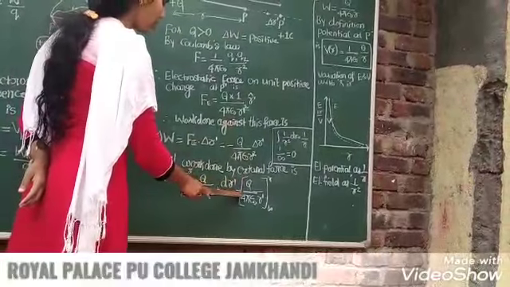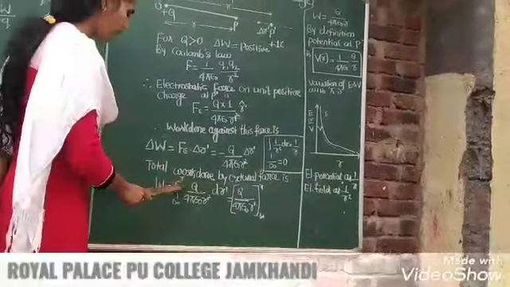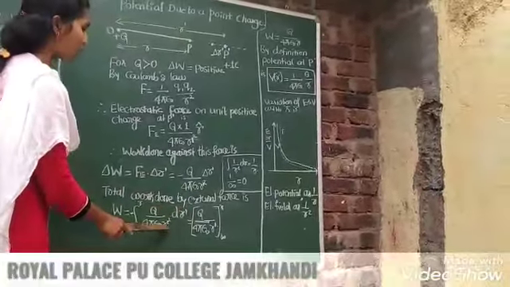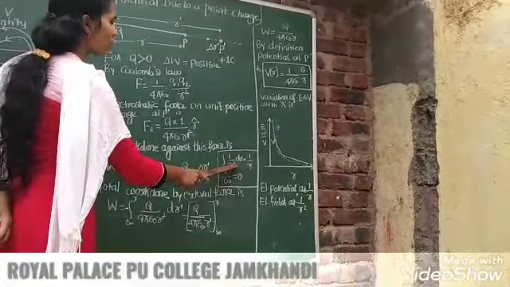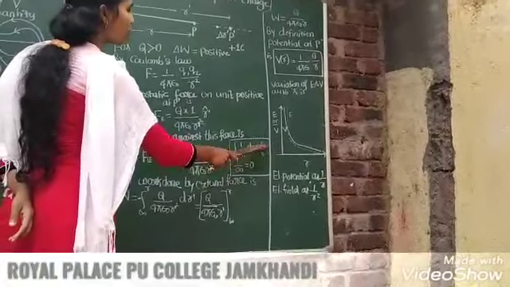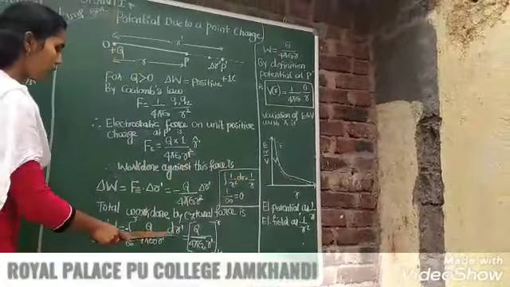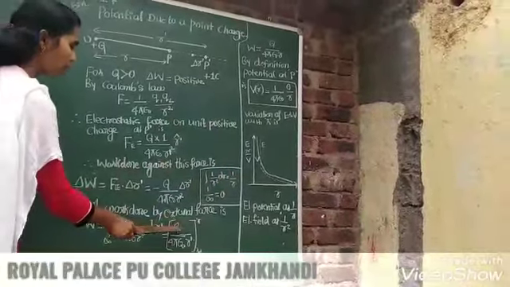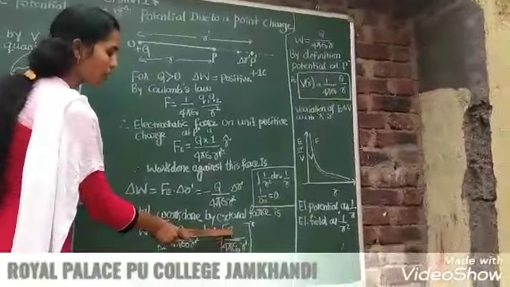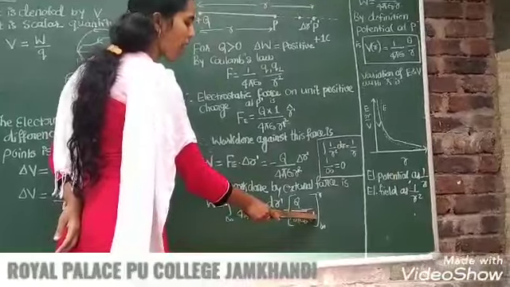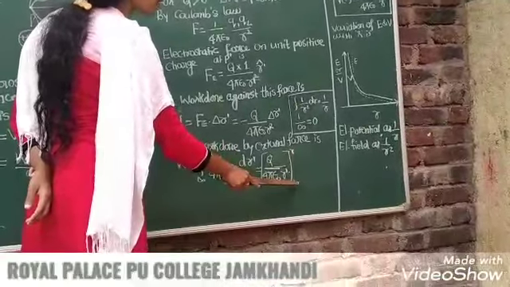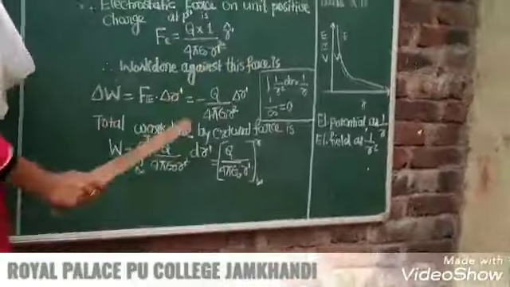Then when you apply the integration of 1 by r square into dr, the value will come 1 by r. So after the integration our formula is Q upon 4 pi epsilon naught r dash, with the limits infinity to the point r.